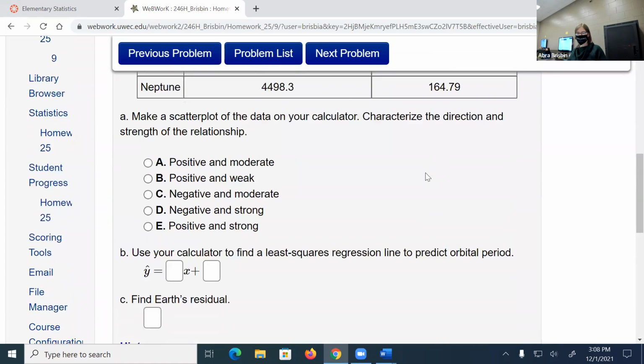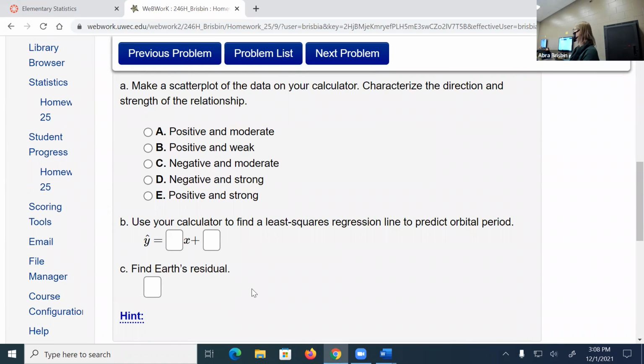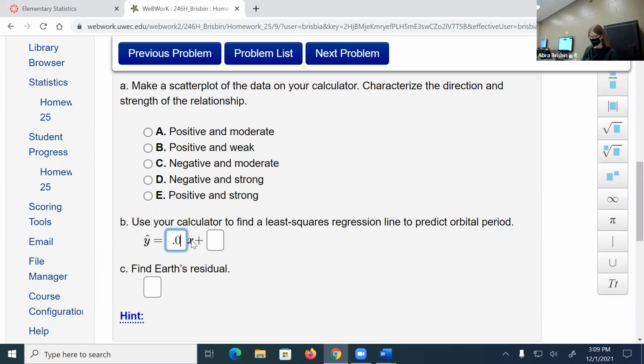Just part C. All right. Yeah, do you have the equation handy? It's 704. Cool.